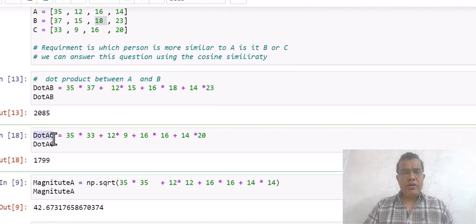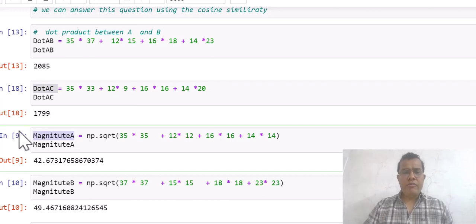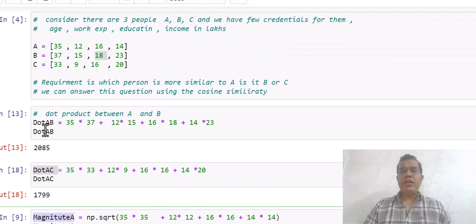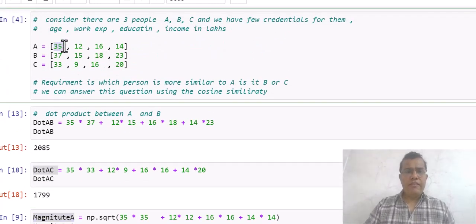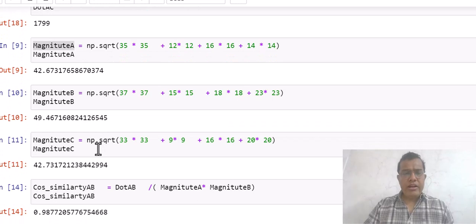Similarly, I can find the dot product of A and C. Then I find the magnitude of A. Magnitude is nothing but the distance from the origin, so 35 minus 0 whole square, 12 minus 0 whole square, and so on. Then I find the magnitude of B and of C.